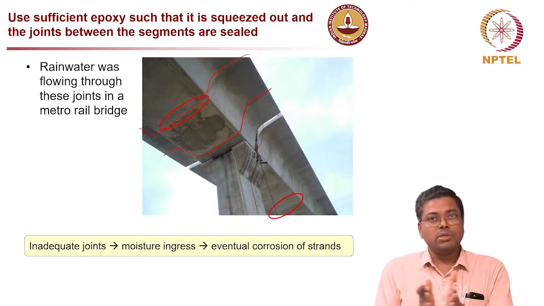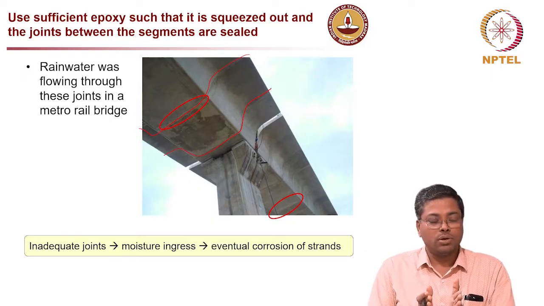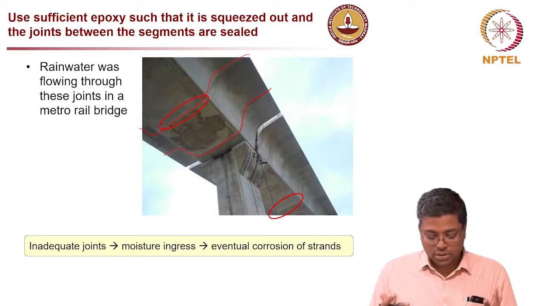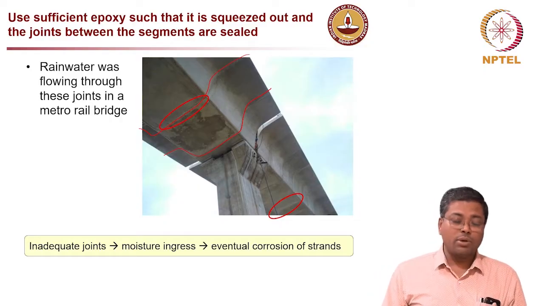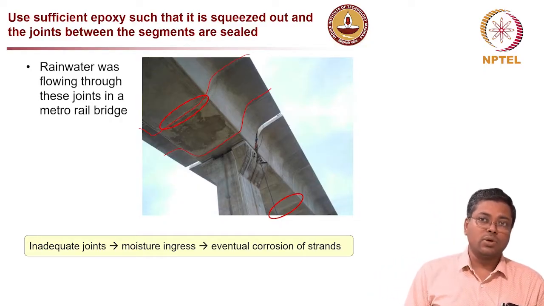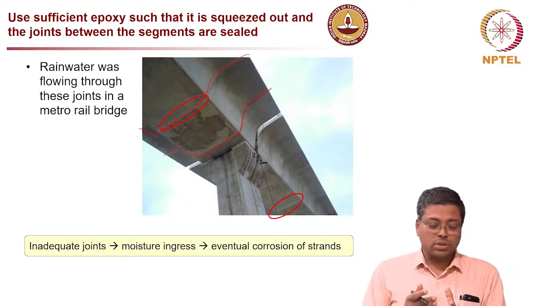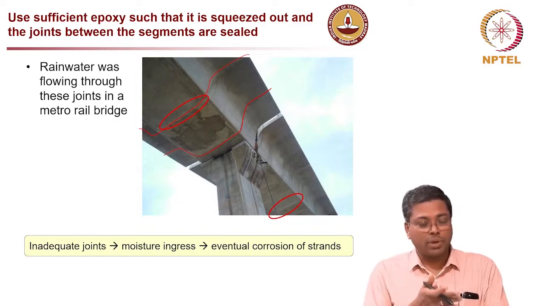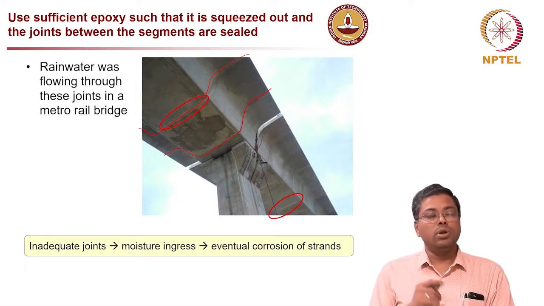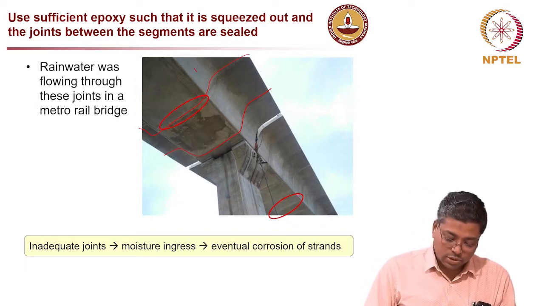You just keep the two segments together and press them, or rely on the prestressing action itself, and rely on the shear keys for the resistance. However, later on people found that it leads to severe corrosion, because through this dry joint oxygen and moisture can penetrate, which will lead to localized corrosion of the strands which go through like this. So this region will actually corrode.